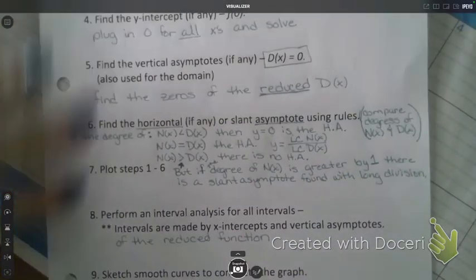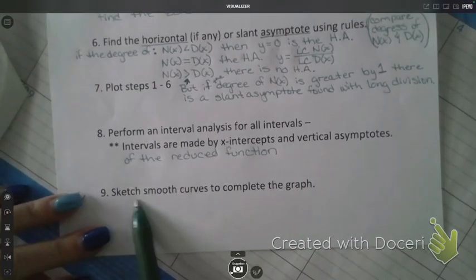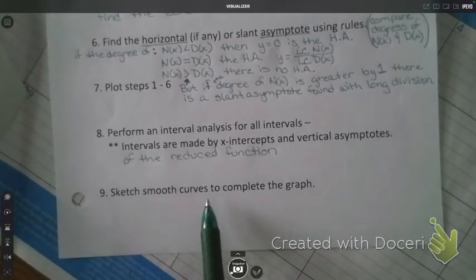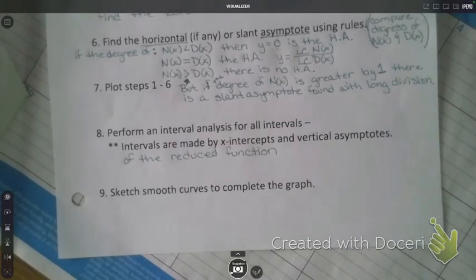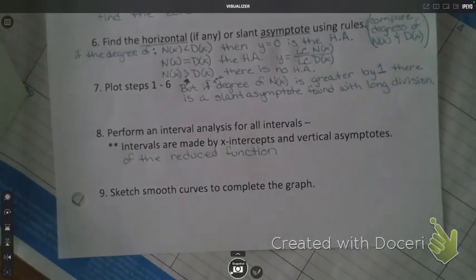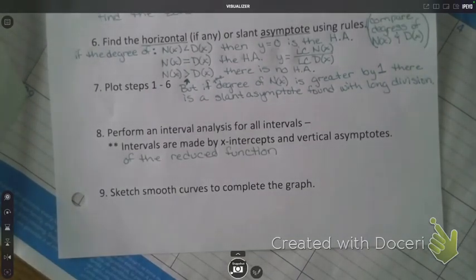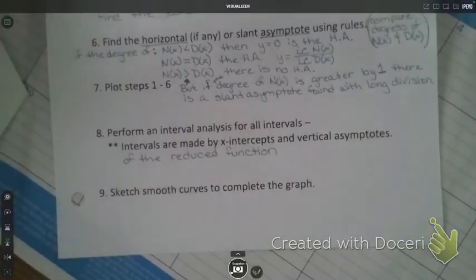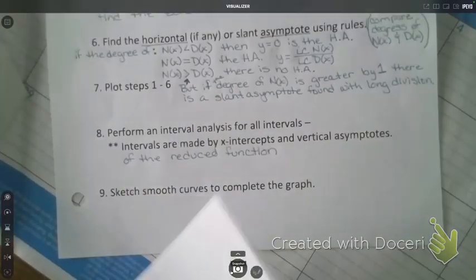Then you sketch the curve to complete the graph. Okay, so that's what we're going to do. You need to keep this handy so you remind yourself of all the steps you have to do.